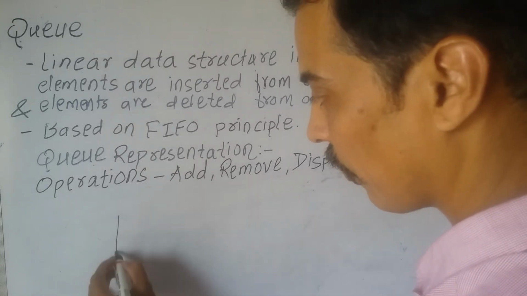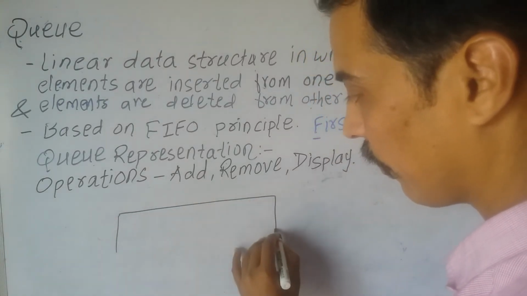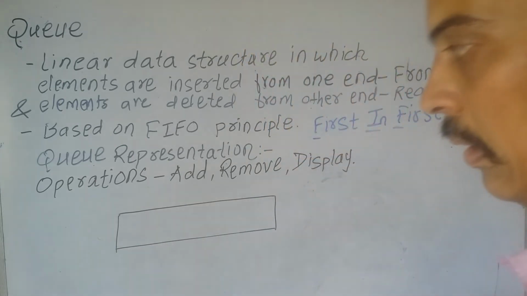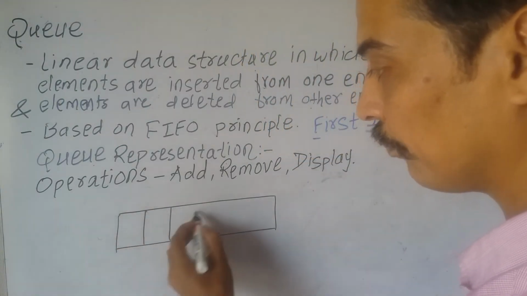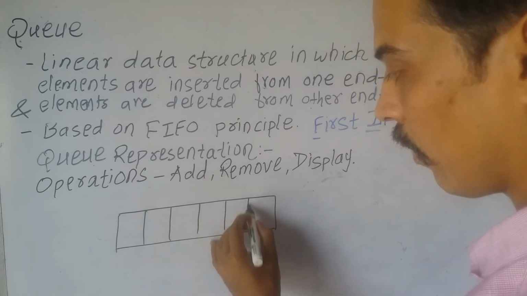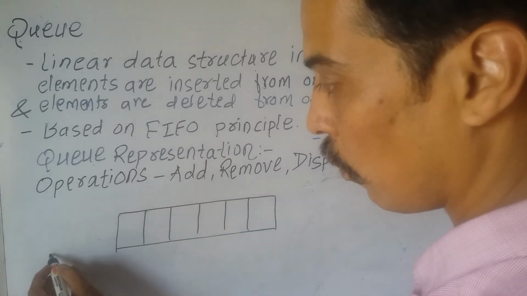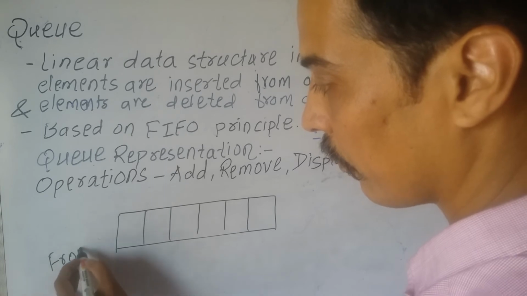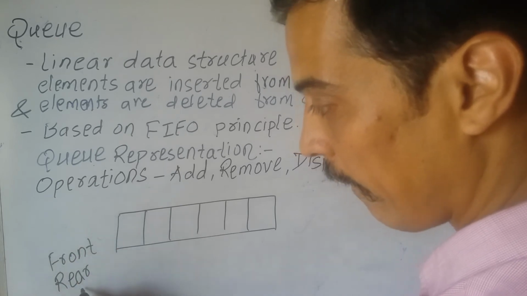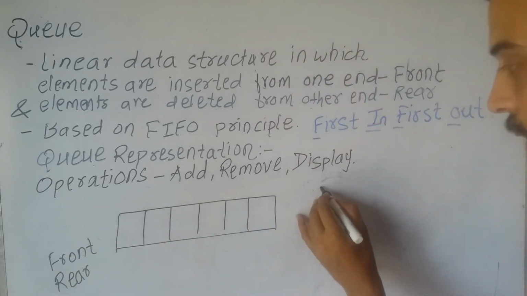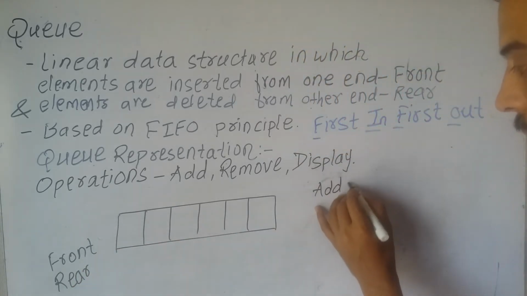For example, before adding or removing any element, I am preparing the queue. Now no elements are present, so my front and rear pointers are pointing to null. Then I am performing the first operation, add 10.